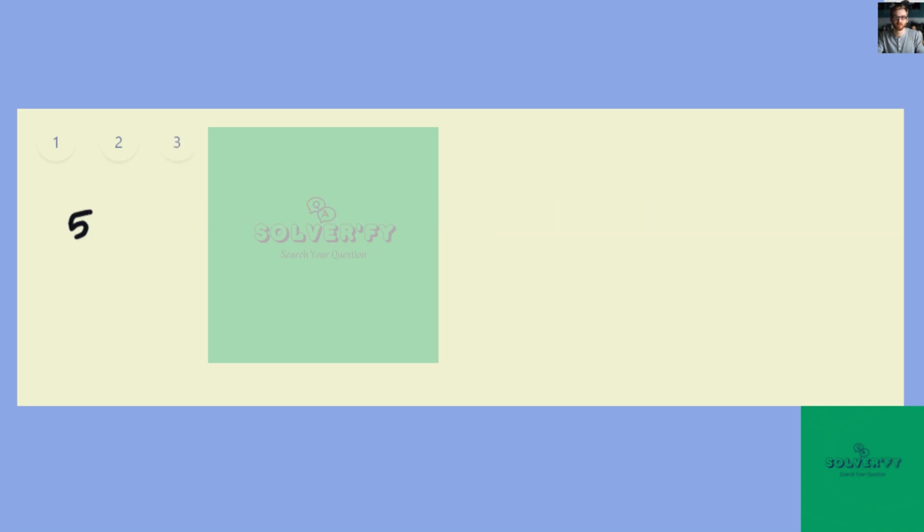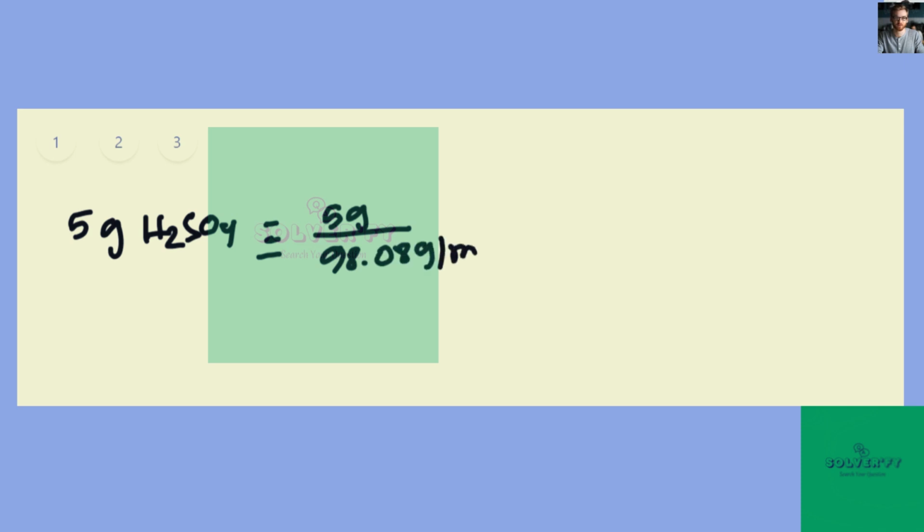So 5 gram sulfuric acid in number of moles will be 5 gram over the molar mass of sulfuric acid, which is 98.08 gram per mole, and it will give us a value of 0.051 mole H2SO4. So this is our number of moles for 5 gram H2SO4.